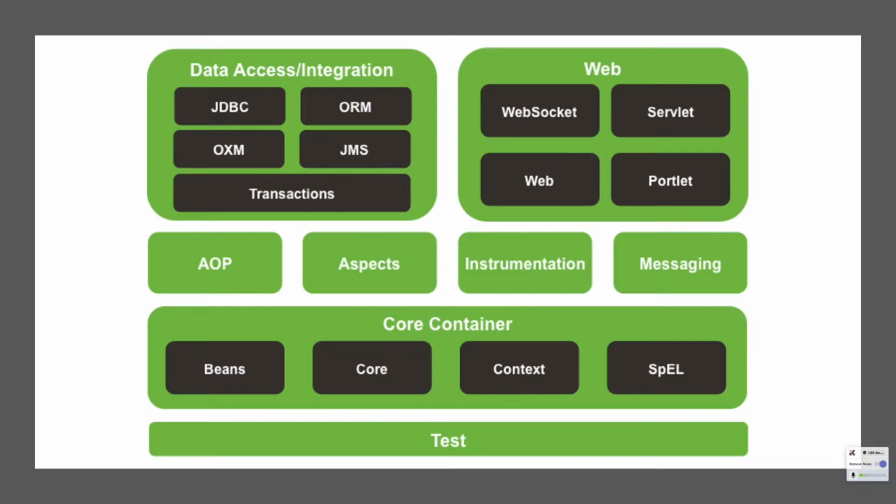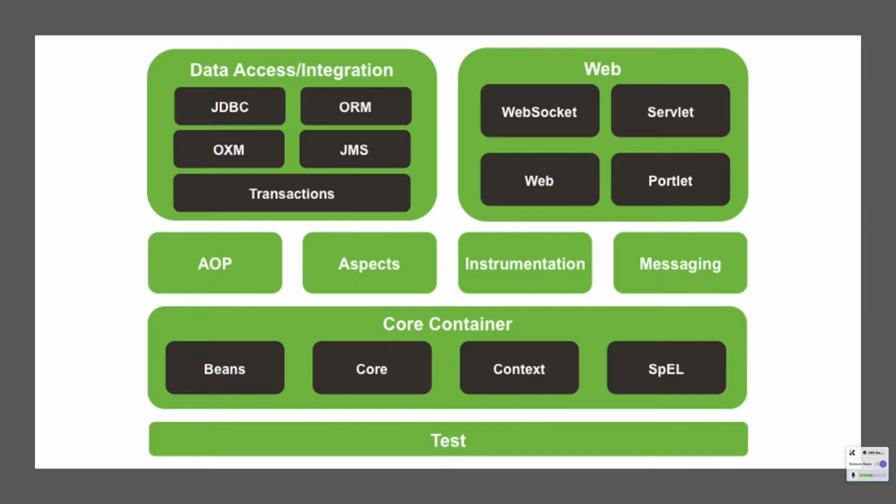On the right-hand side, we see web. Web is the traditional web part, servlet-based. This is thread-based, and usually we use a container like Tomcat, for example, or Jetty. But today we also have a reactive style of programming. That's not on the picture here.